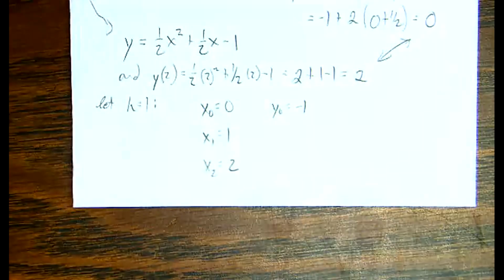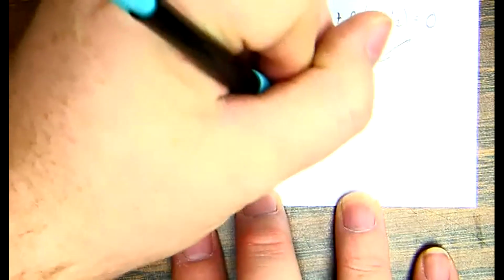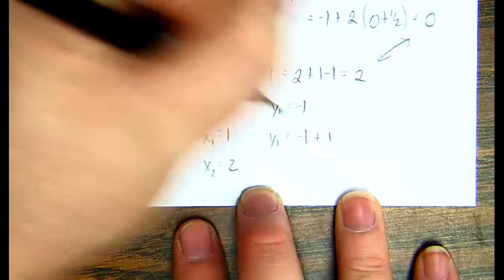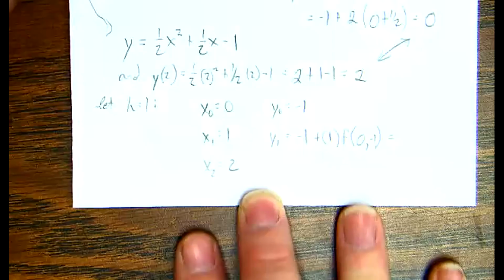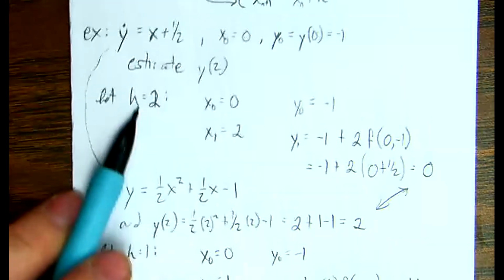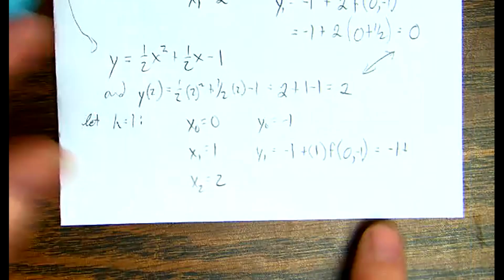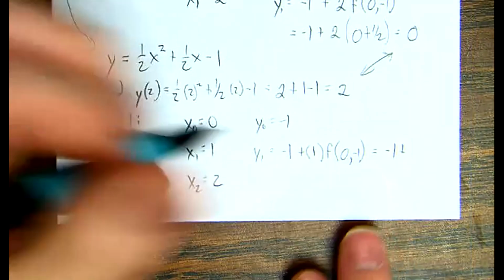I'm still starting at -1. Now y1 is going to be -1 plus my new step size, 1, and I'm evaluating f at the previous point, 0, -1, which is -1 plus f of 0, -1. f is x plus a half. The previous x value was 0, so it's 0 plus a half. -1 plus a half, which is -1/2.